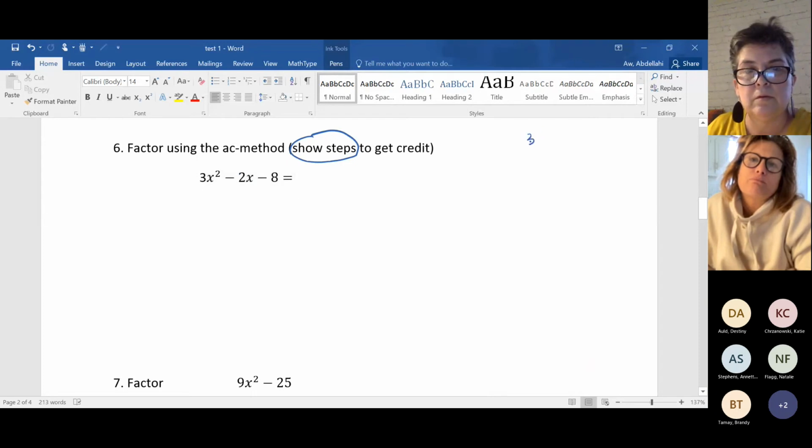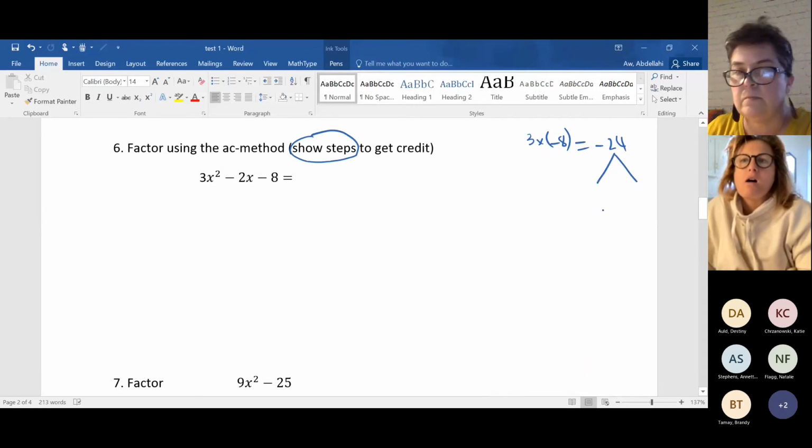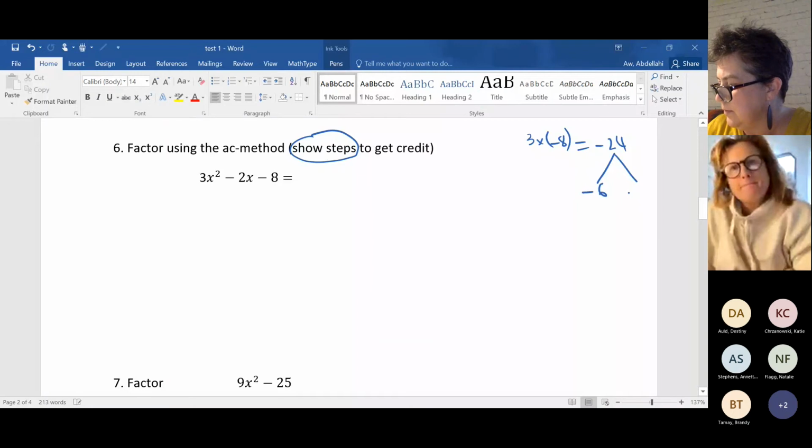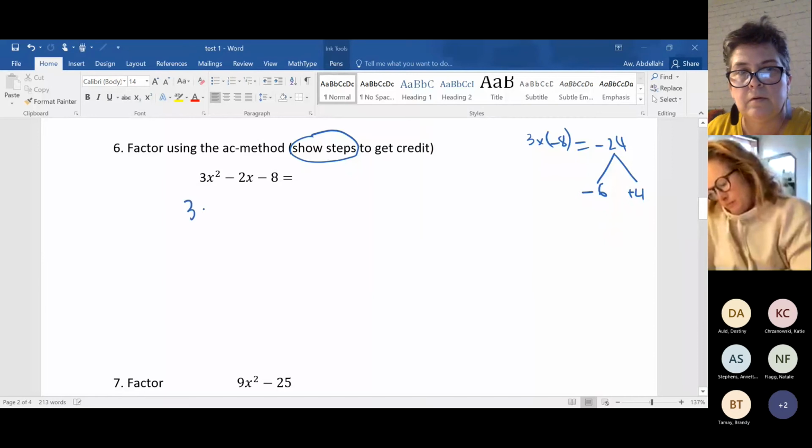First, we do 3 times -8, which is -24. And then we're going to be looking for 2 numbers that multiply to -24 and add up to -2. What are they? -6, +4. -6 and +4, thank you. And once I got -6 and +4, I'm going to break down my middle term using these 2 numbers.